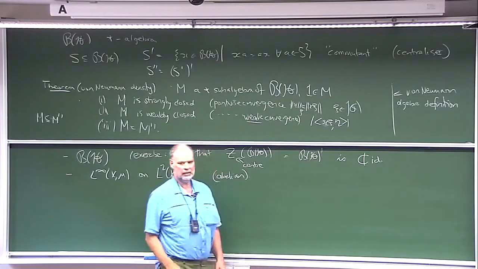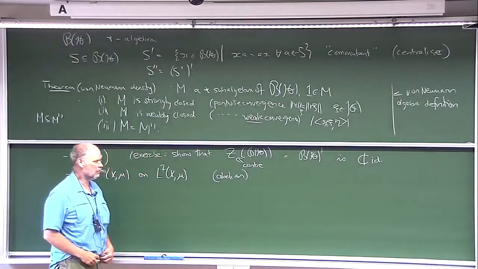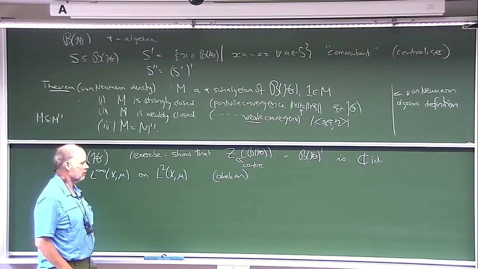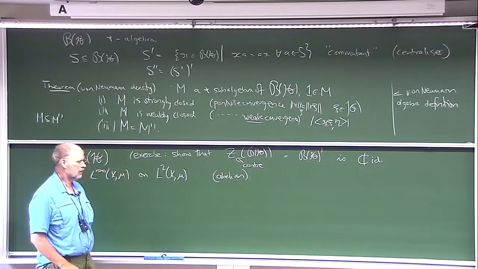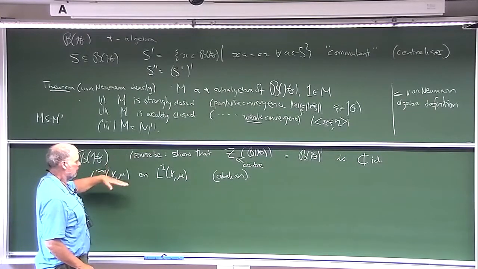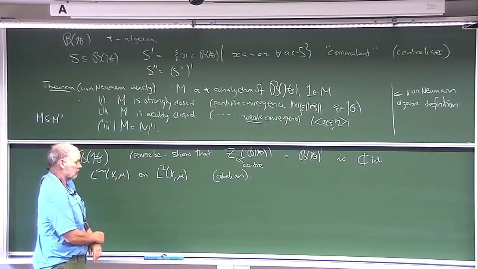So this is an exercise that you can show without too much trouble, that if a bounded operator commutes with all other bounded operators, then it has to be a multiple of the identity. So this is highly non-commutative. This example is completely commutative.